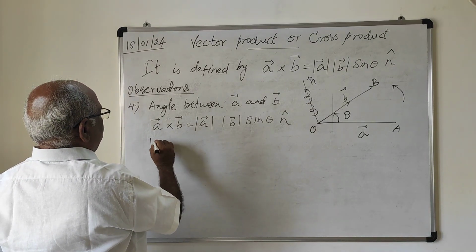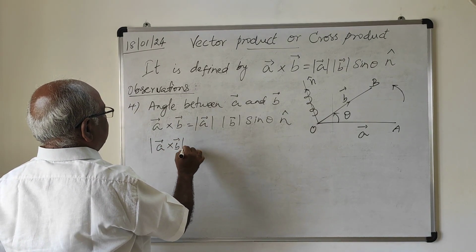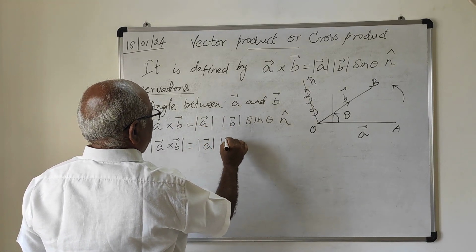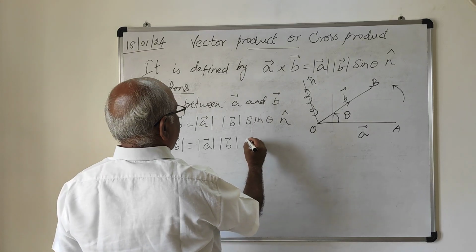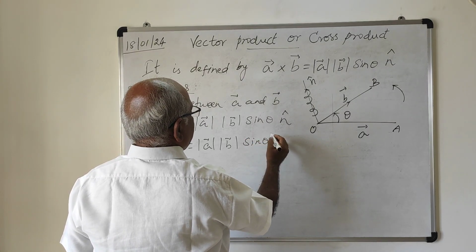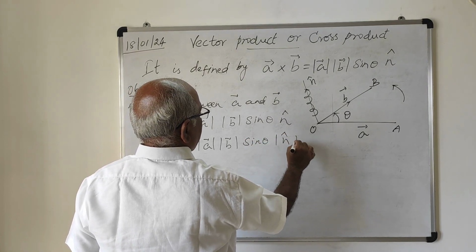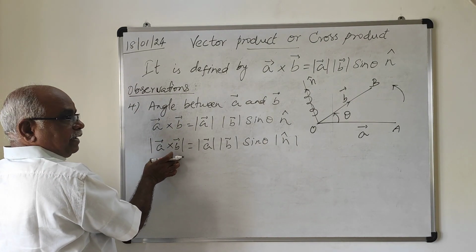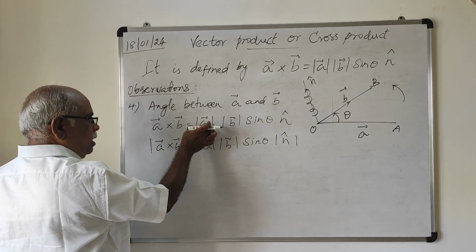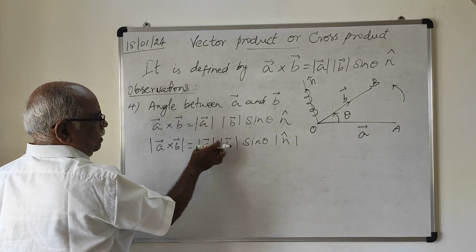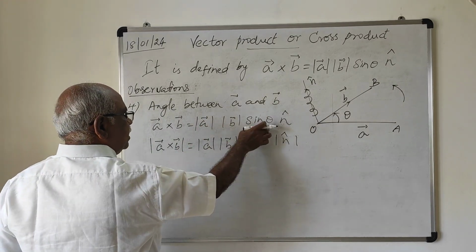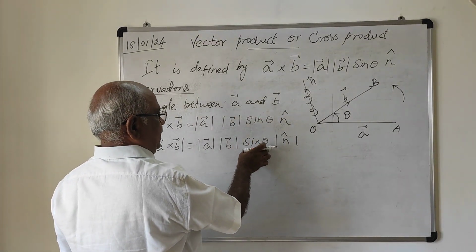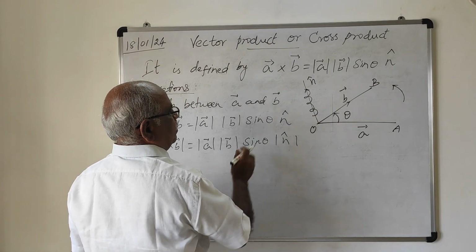Taking magnitude of A cross B on both sides, mod of A is mod A, mod of B is mod B, mod of sin theta you can write as sin theta only because the sin value of an angle is a magnitude, and mod of n cap.